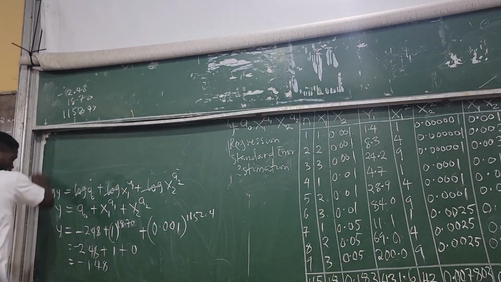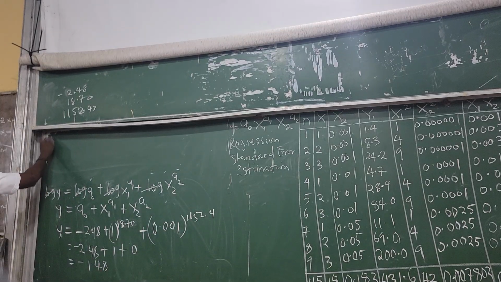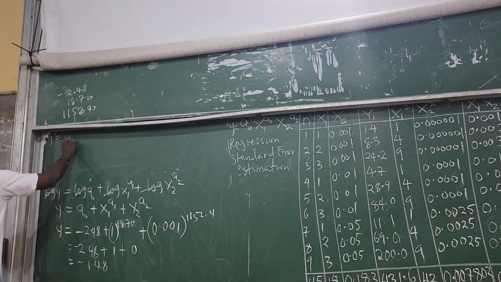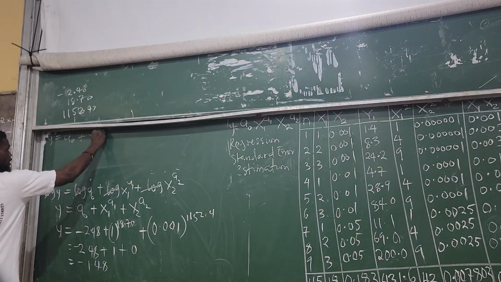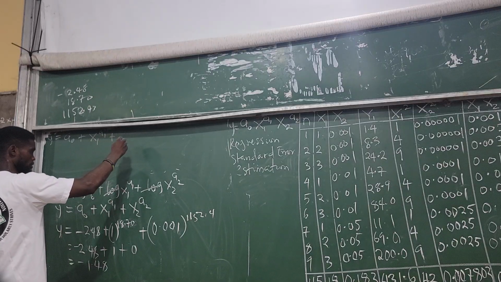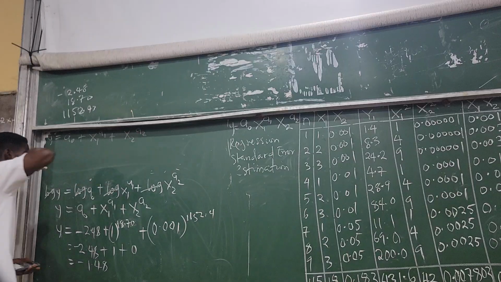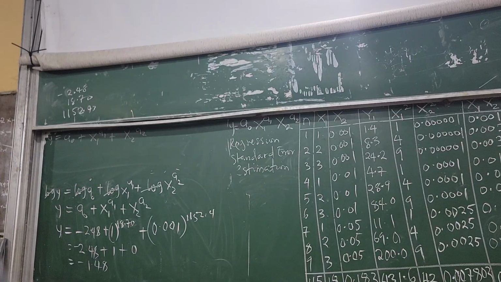What we are working on, which I will never clean again, is Y is equal to A0 plus x1 A1 plus x2 A2. So we have our Y for row 1, which we just did.